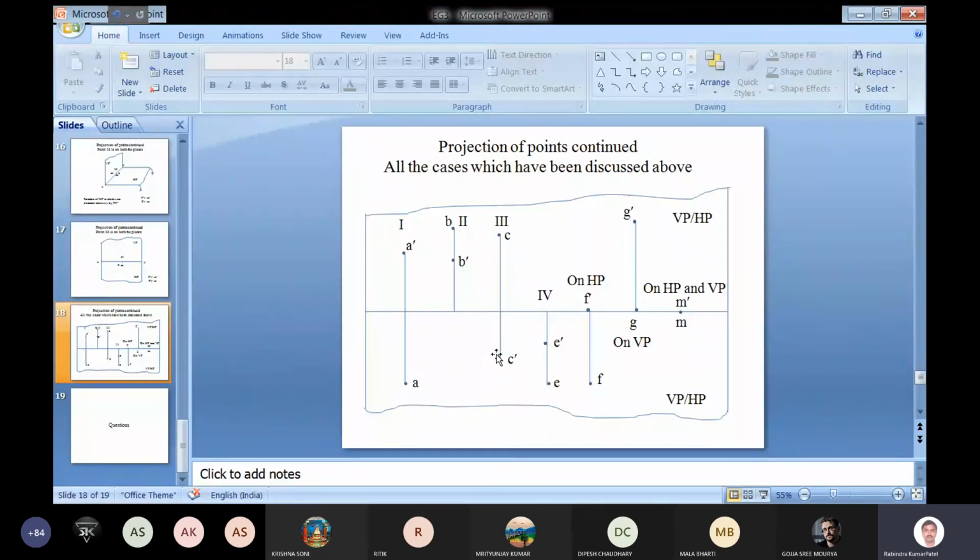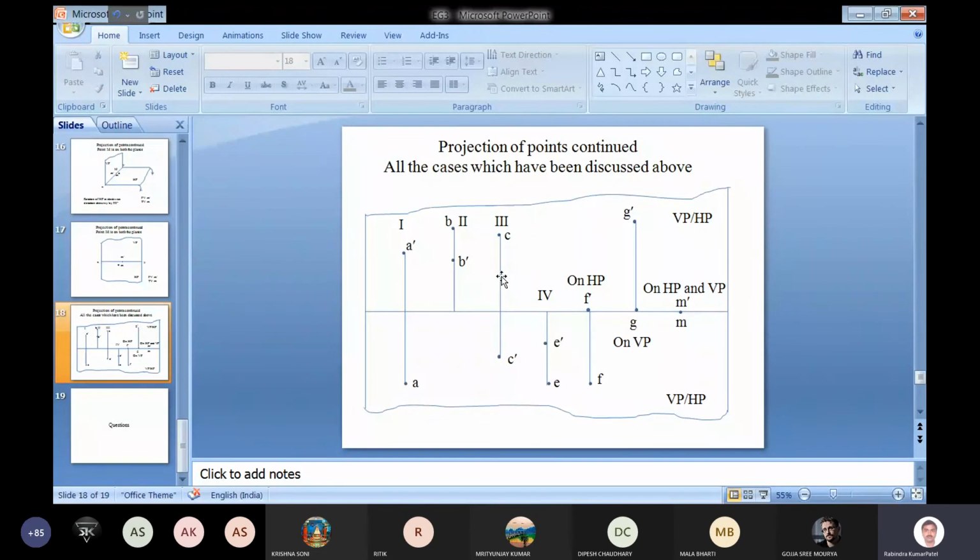Both are opposite, so you can make a note of that. In the second and fourth cases, both projections are either above the reference line, in the second quadrant, or both below the reference line, in the fourth quadrant. So only in the first and third can we get distinct projections.